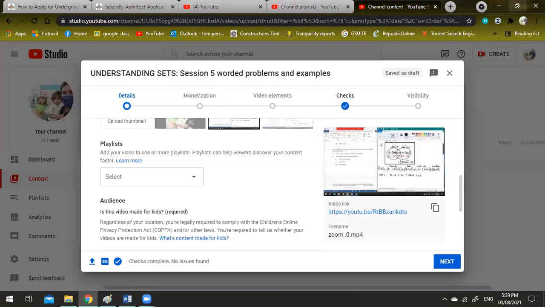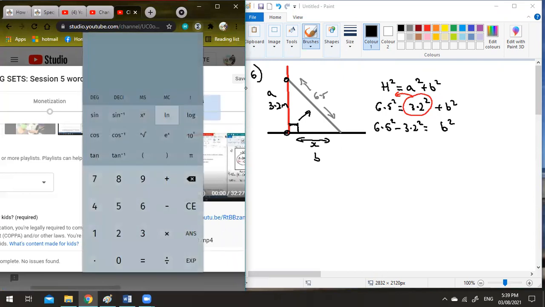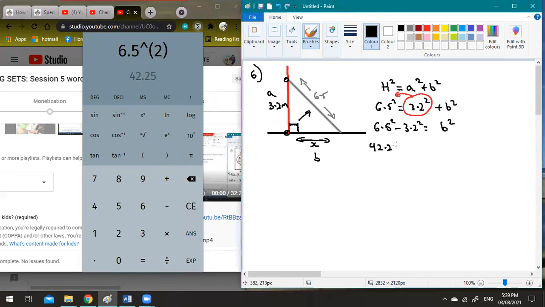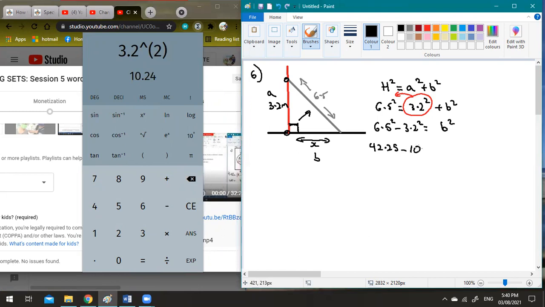Now, if I were to bring up my calculator, you'll have 6.5 squared is 42.25. So let's write it down. 42.25 minus 3.2 squared. Now you can do this in your calculator in one step, but I'm showing you step by step. 10.24 is equal to B squared.